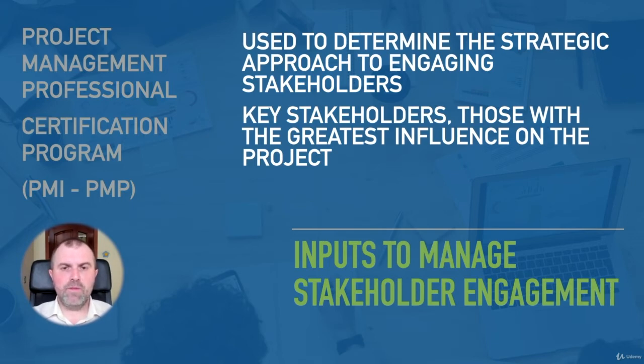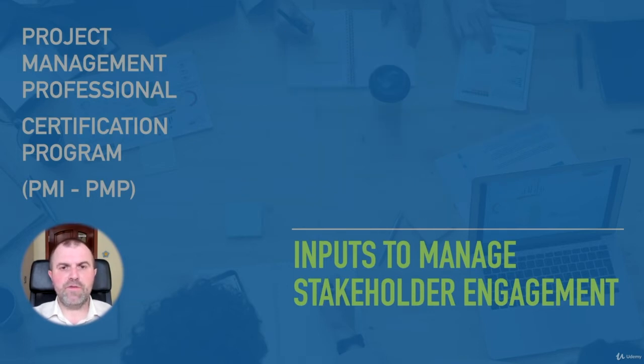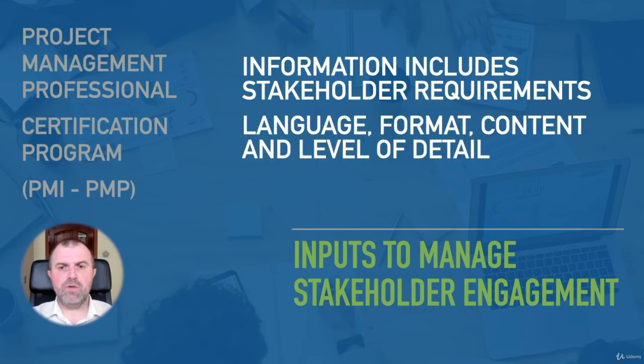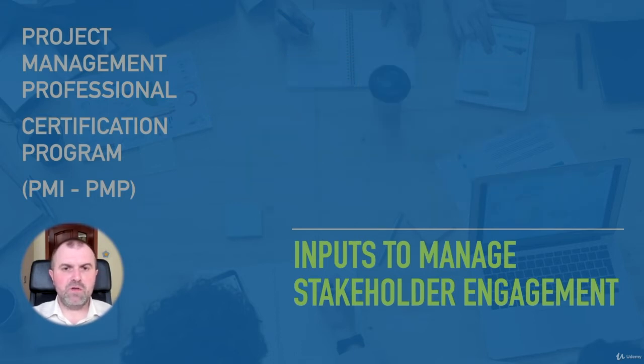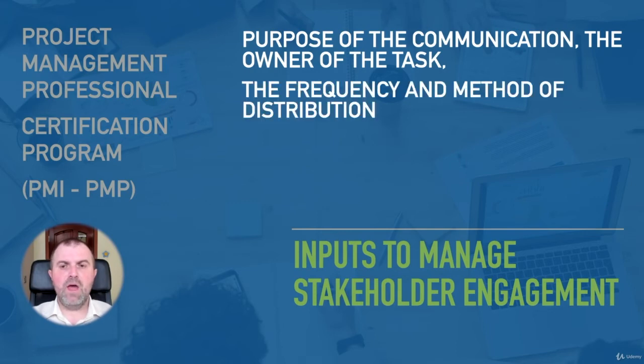Another component of the project management plan that you will use is the communications management plan. This information includes stakeholder requirements such as language, format, content, and level of detail. For example, it identifies which stakeholders get which type of communication, the purpose of the communication, the owner of the task, the frequency and method of distribution, and whether the communication is internal or external.